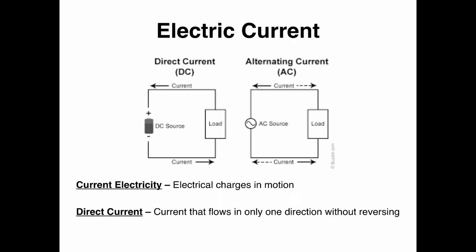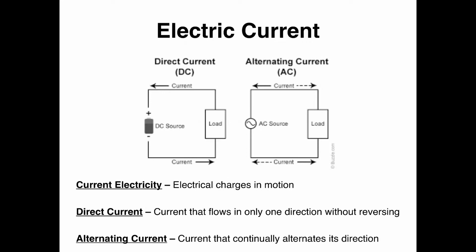So this is a direct current. It only travels in one direction. Alternating current, on the other hand, alternates from one direction to the other. At one time it'll be going clockwise, another time counterclockwise. Alternating current, shown on the right here, is the most common type of current found in homes in the United States.